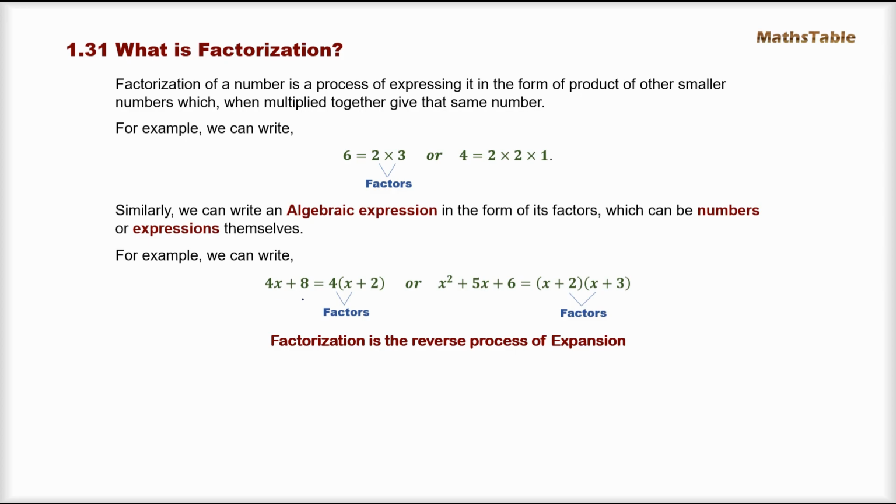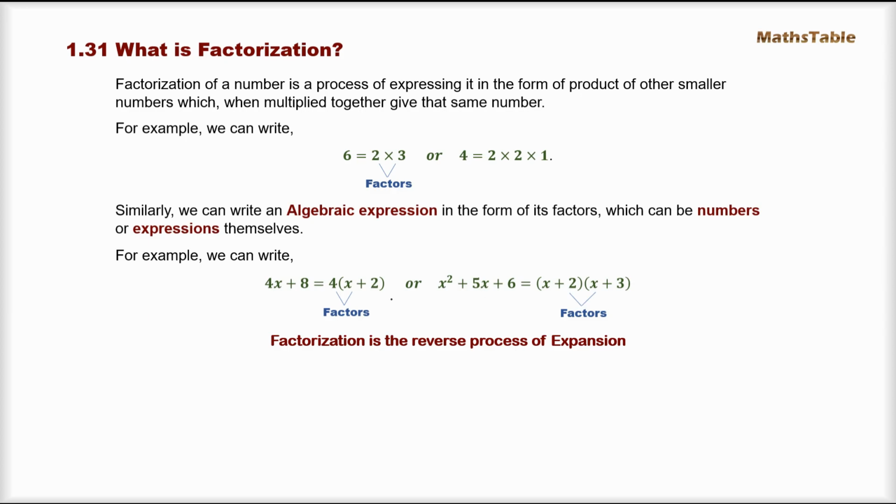This expression has two terms in contrast to the three terms of this expression, and the degree of this expression, that is the highest power, is in this case 1, x power 1, which means that this is a linear expression. And here we have an x squared term, which means that this is a quadratic expression. Based on these two different natures of the expressions, we got factors of different kinds.